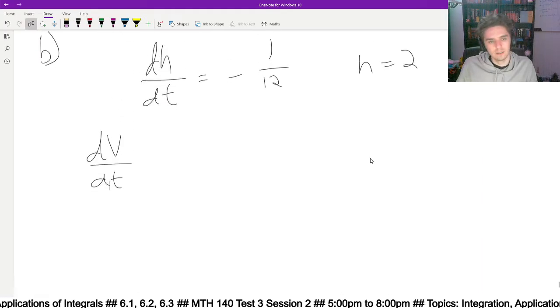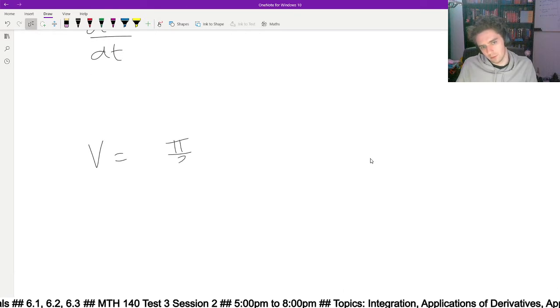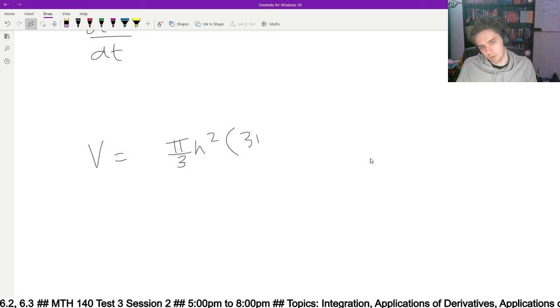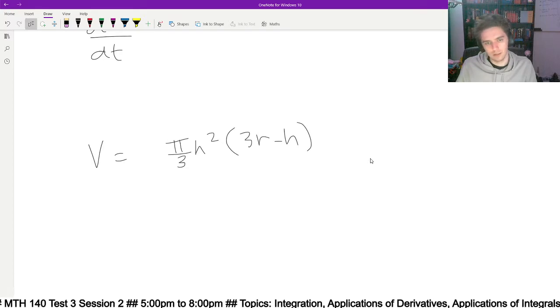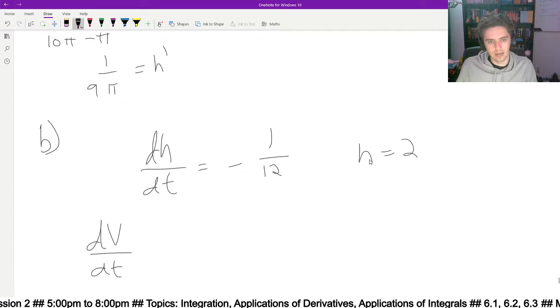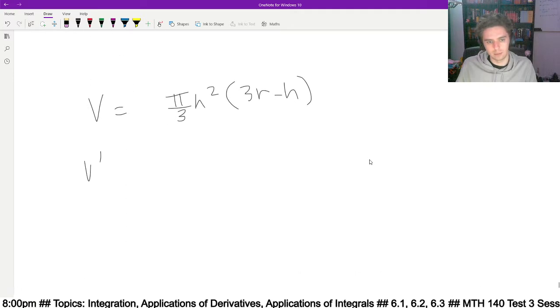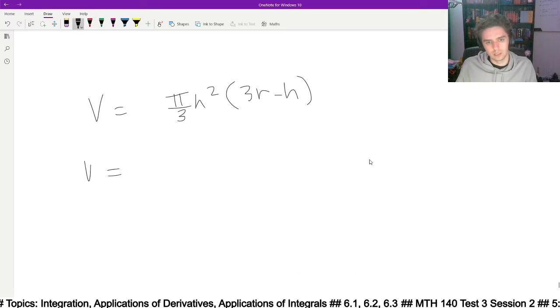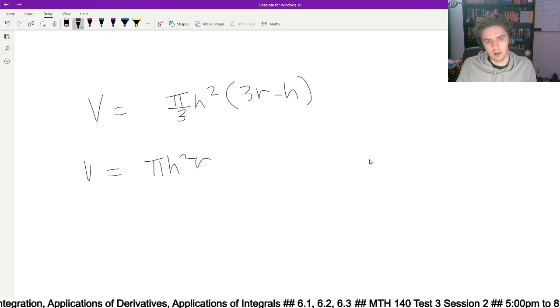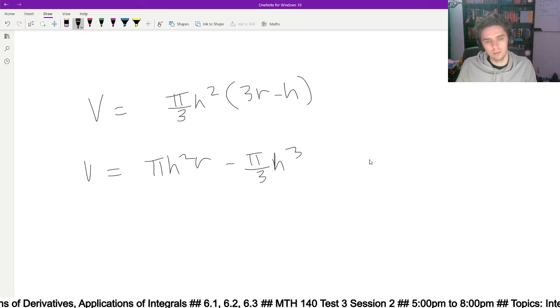So again, I have to use my volume equation again. V equals pi over 3 h squared 3r minus h. And I know I'm looking for V prime, right? So I just take the derivative. Again, I'll multiply it in actually. So it's going to be pi h squared r minus pi over 3 h cubed.